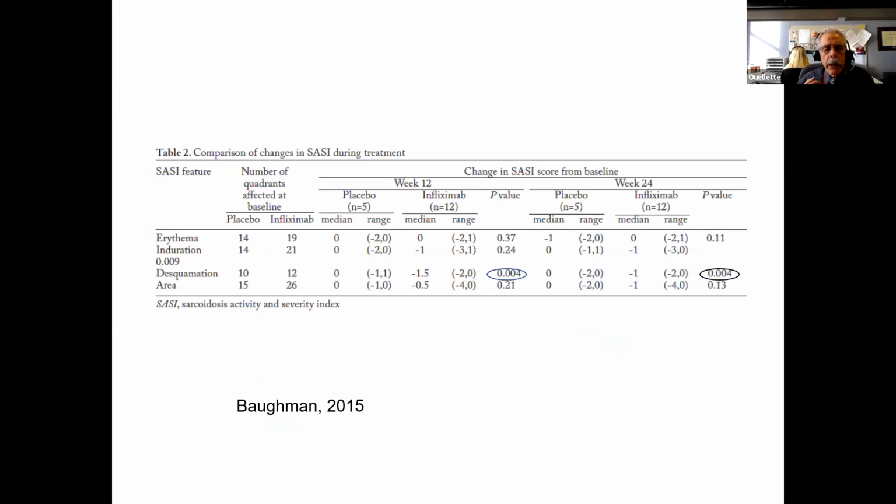And what they looked at was a sarcoidosis activity and severity index. And when you look at the element of this test, specifically for desquamation, treating patients with infliximab versus placebo, granted a very small study, there was clinically significant improvement in desquamation in the patients who were receiving infliximab.